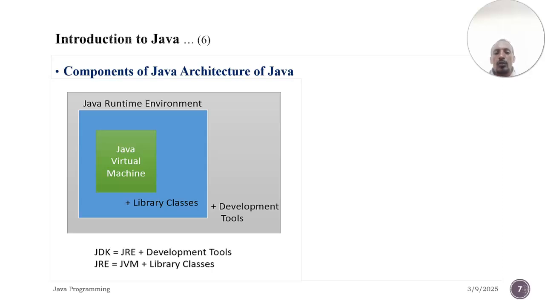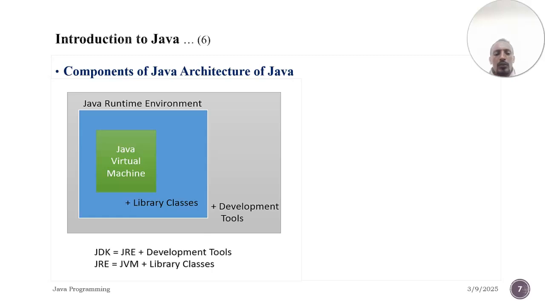These are all the components of Java architecture. The first one is the Java runtime environment. The second one is the Java virtual machine. The third one is the library classes in Java. The fourth one, development tools. All these parts majorly build the Java architecture.